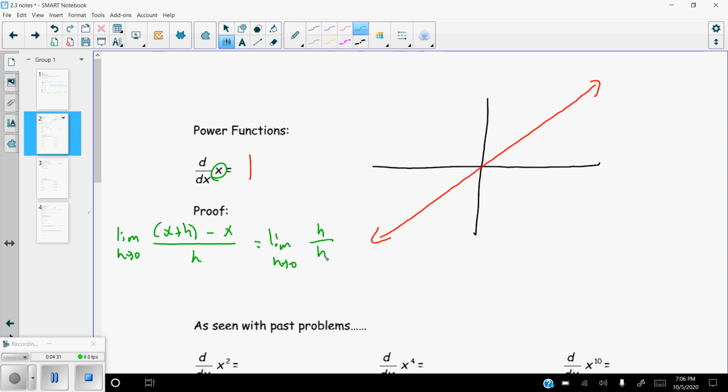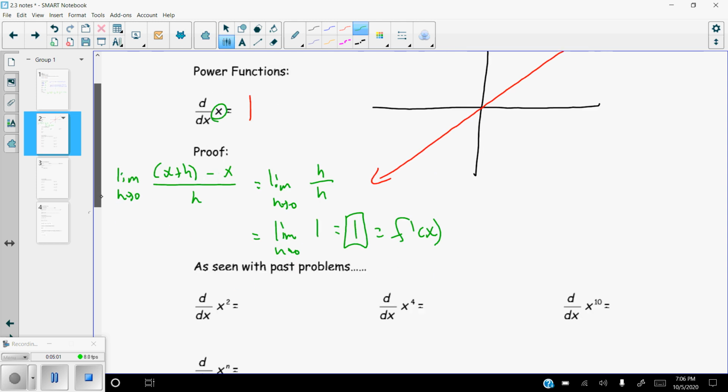You might look at that and say, well, if I plug in 0, I get 0 over 0. Yes, but we haven't simplified it yet. So really, the limit as h approaches 0 of h divided by h is 1. So the limit of 1 is 1. That's f prime of x, specifically when our function is y equals x. The derivative is 1.